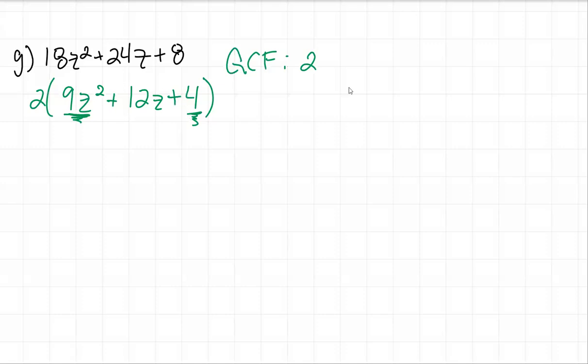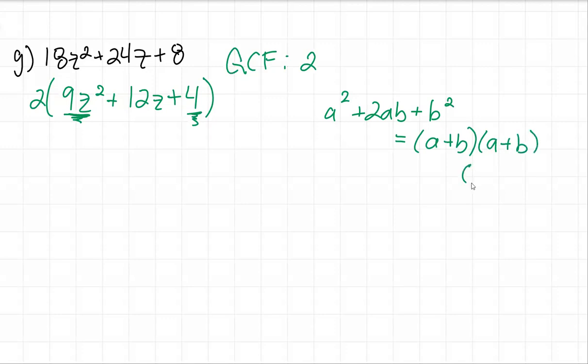Those are perfect squares. And this looks a lot like the pattern a squared plus 2ab plus b squared. And that's going to factor to a plus b times a plus b, or a plus b squared.